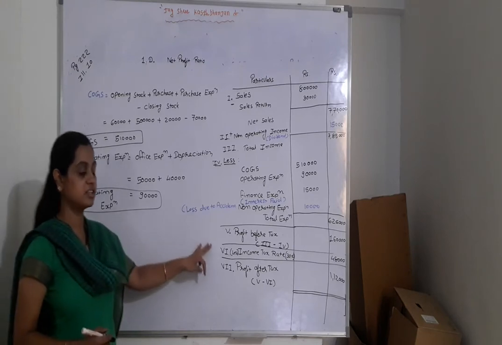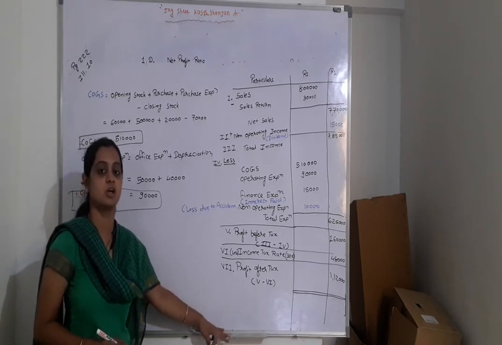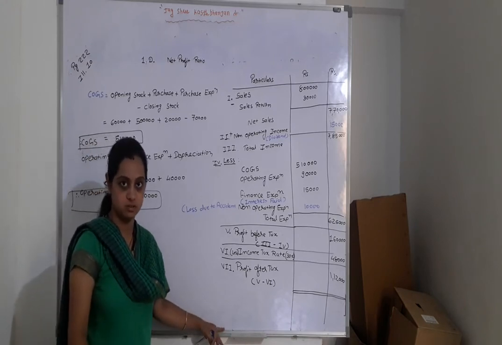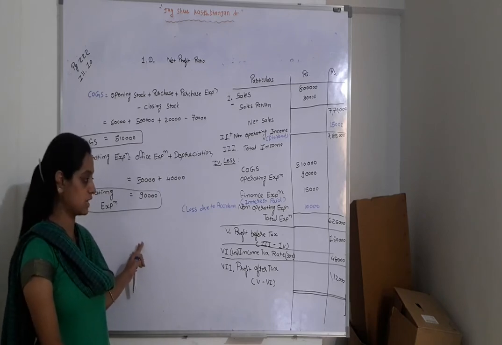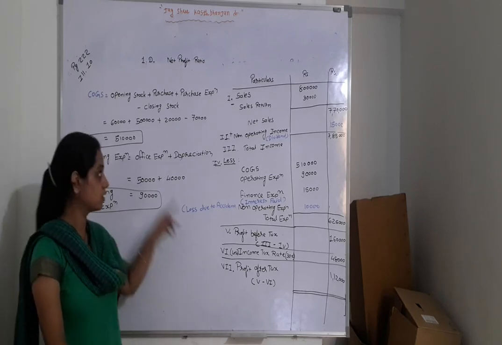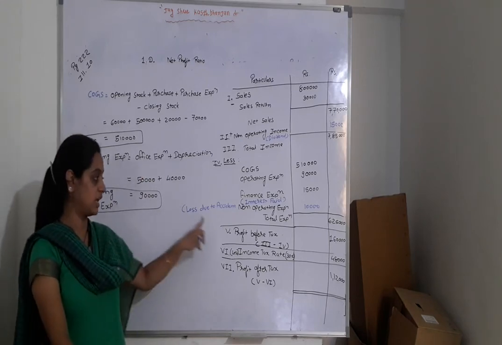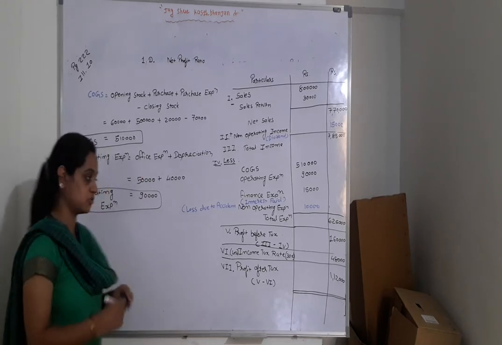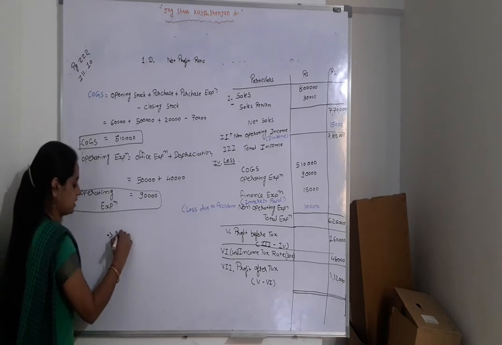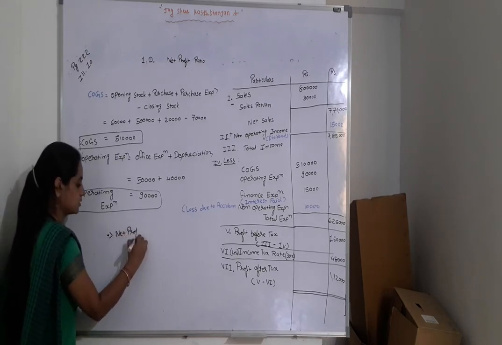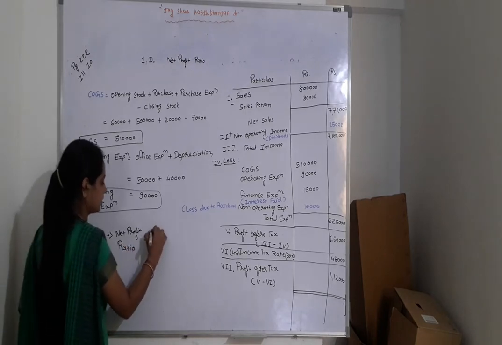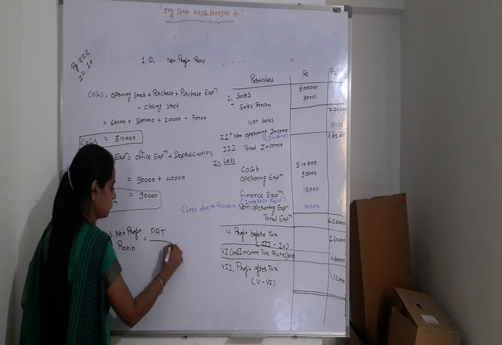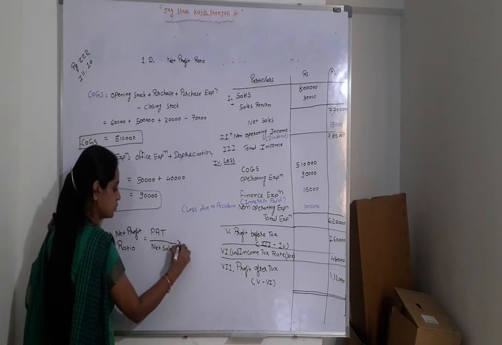Now after this table we have to apply the formula of net profit ratio. Okay, I am writing it here, but you have to write it down after the table. First of all the formula, then table, and then net profit ratio. Net profit ratio is equal to PAT upon net sales into 100.